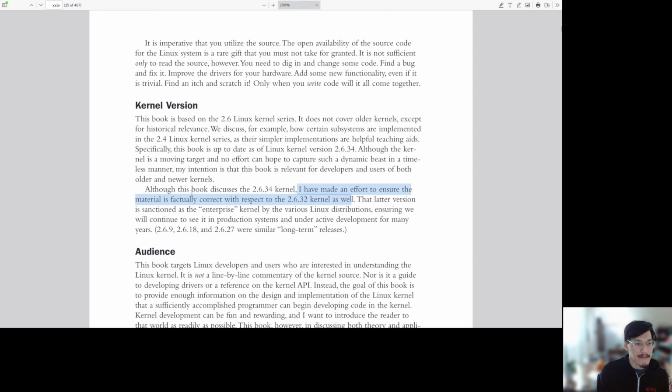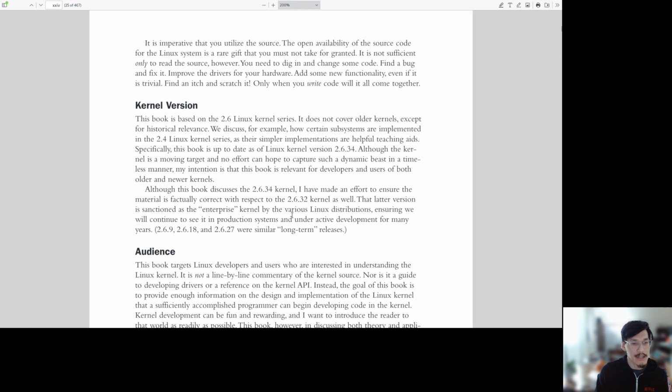That latter version is sanctioned as the enterprise kernel by the various Linux distributions, ensuring we will continue to see it in production systems and under active development for many years. And 2.6.9, 2.6.18, and 2.6.27 were similar long-term releases.